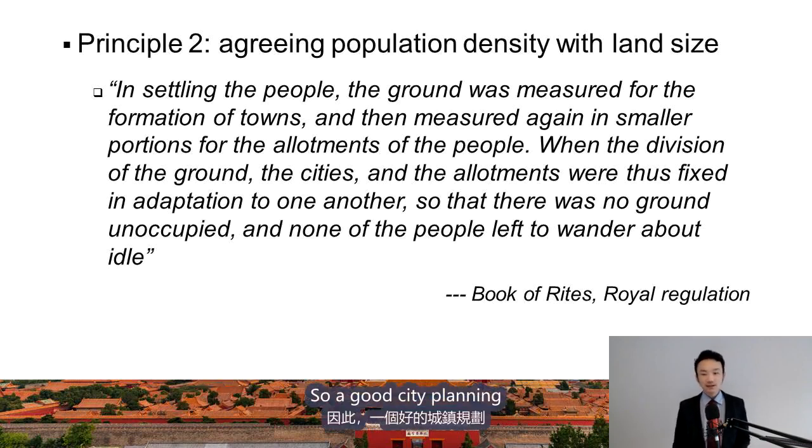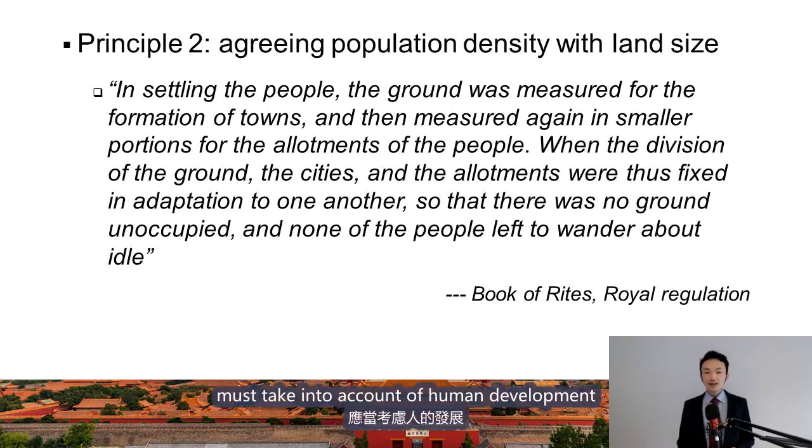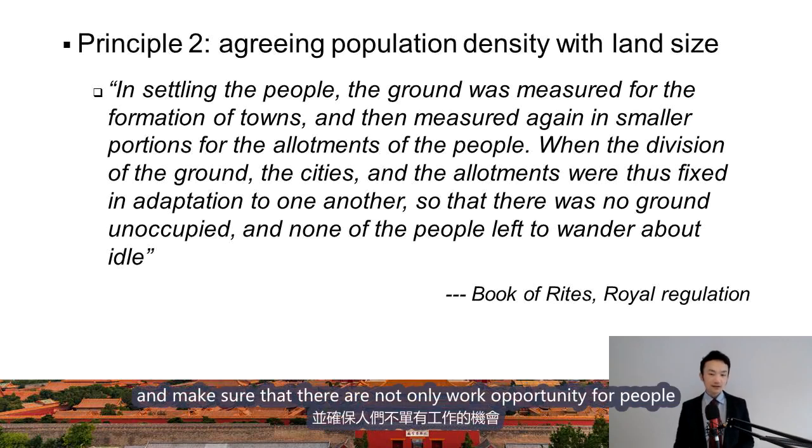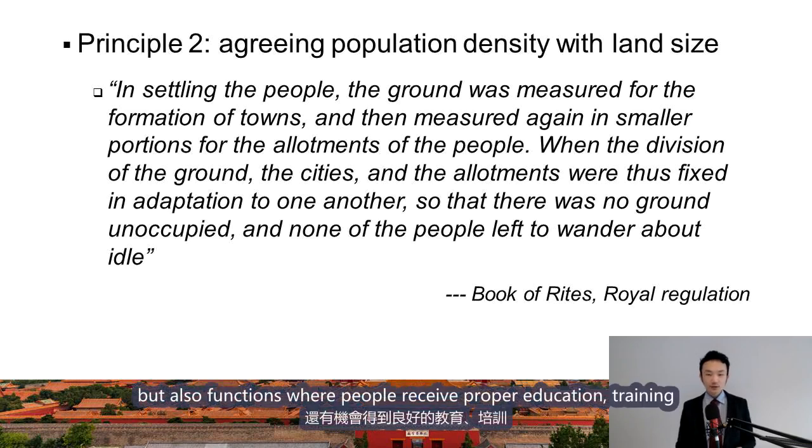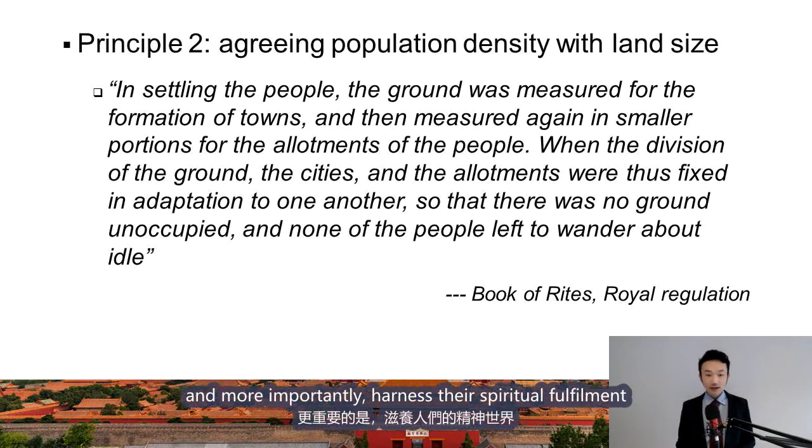So a good city planning must take into account human development and make sure that there's not only work opportunity for people, but also functions where people receive proper education, training, and more importantly, harness their spiritual fulfillment.